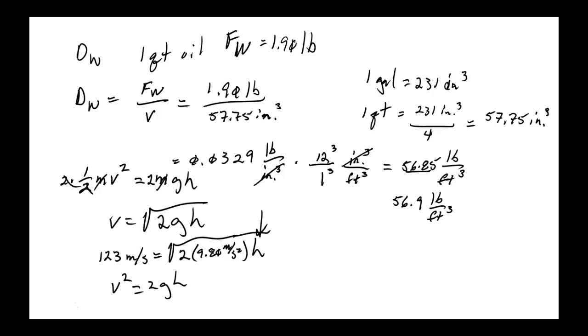If you cleared it out and do the 123, and then do square, that's square in the 123 by itself. Then you gotta multiply the 2 times 9.80.